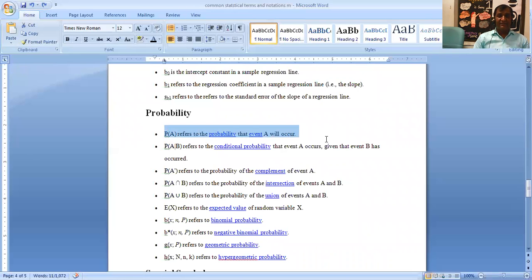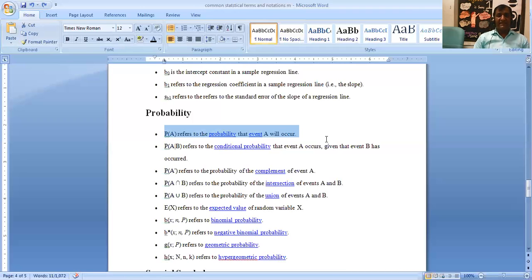P(A') refers to the probability of the complement of event A. P(A ∩ B) refers to the probability of the intersection of events A and B. P(A ∪ B) refers to the probability of the union of events A and B.